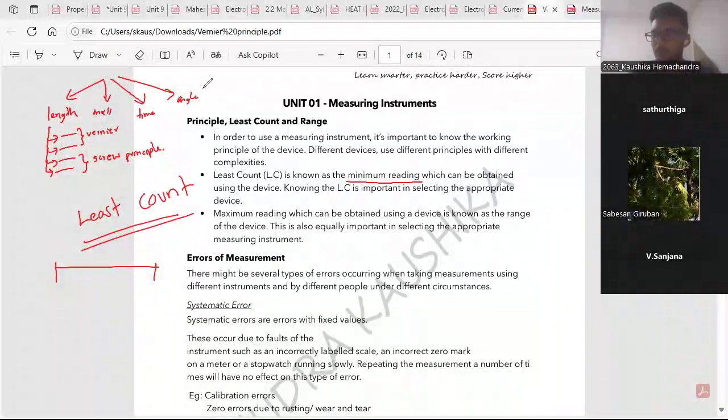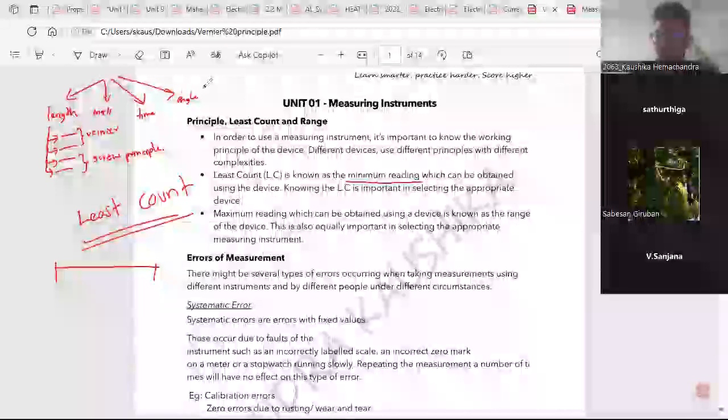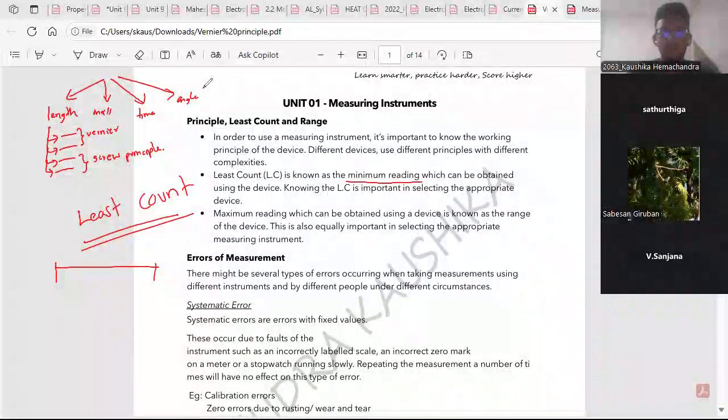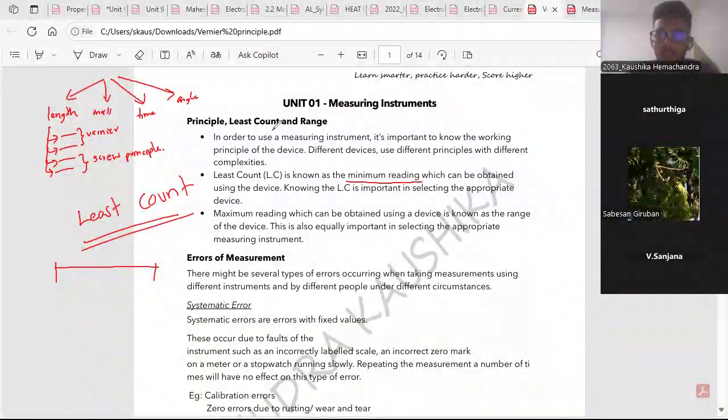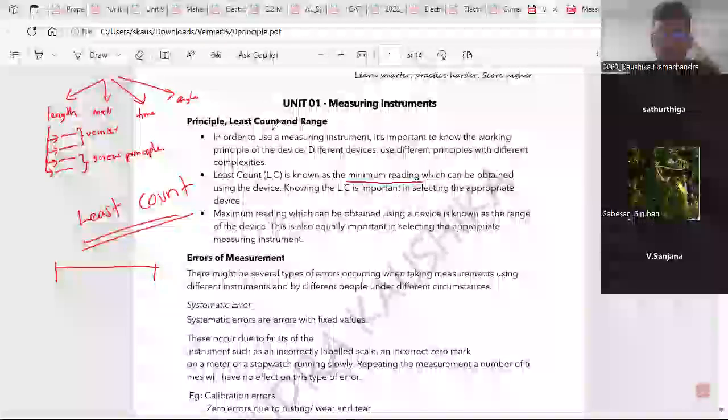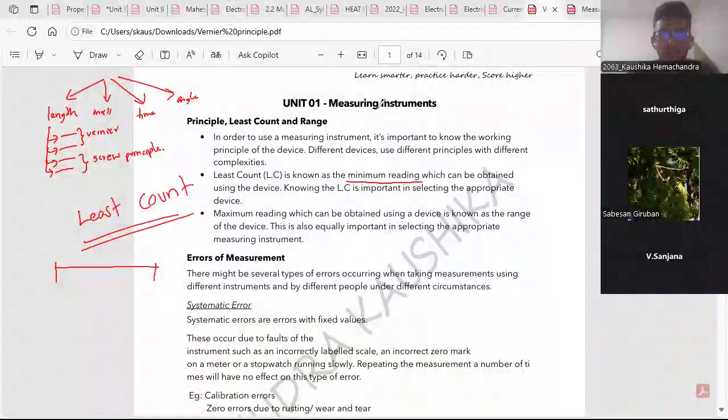So if you want to measure a length, let's say your height, right? You want to measure your height. Let's say you can use a meter ruler for that. But if you want to measure the length from Colombo to Galle, can you use meter rulers?